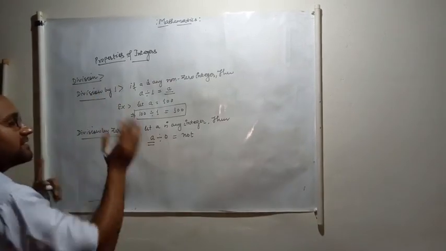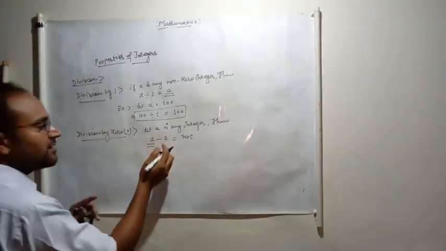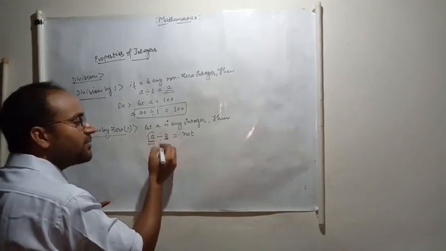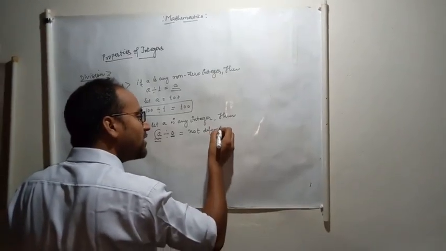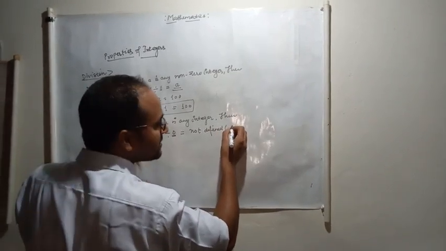In this division case, for an integer, if any integer is divided by 0, it is not defined. Its value is not given by this division sign.